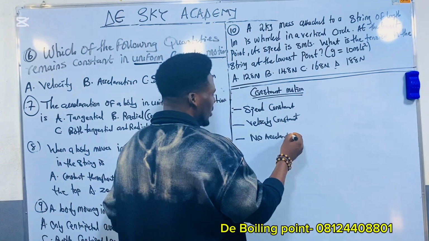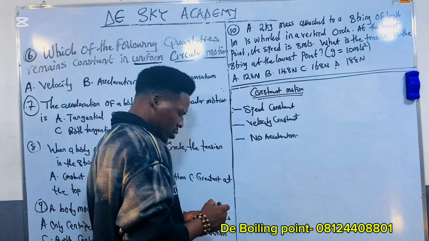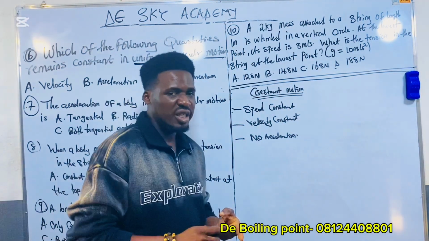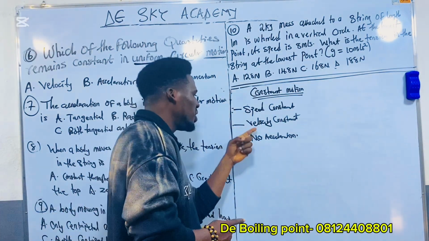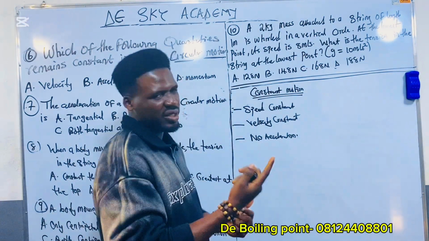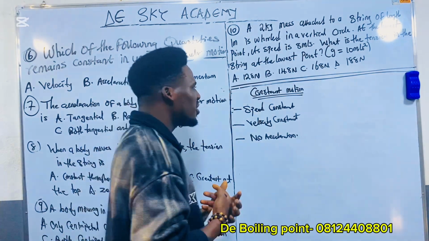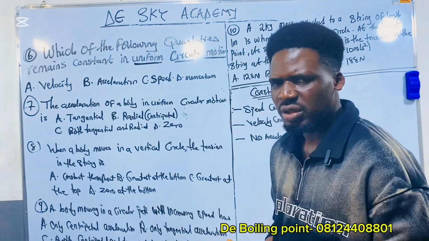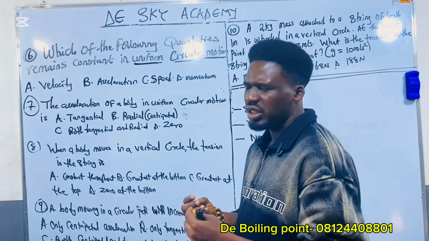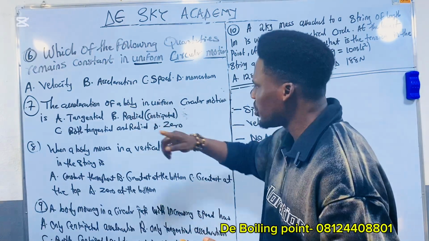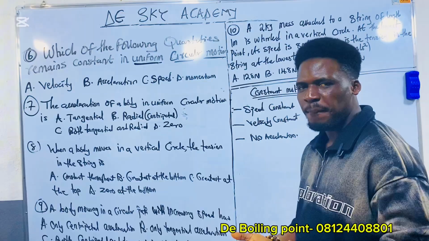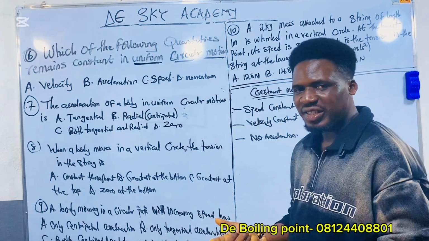So for a motion to be constant, either the speed is constant, or the velocity is constant, or there is no acceleration. This is where the options become a little difficult, because there is velocity, acceleration and speed here. So how do you analyze this question?